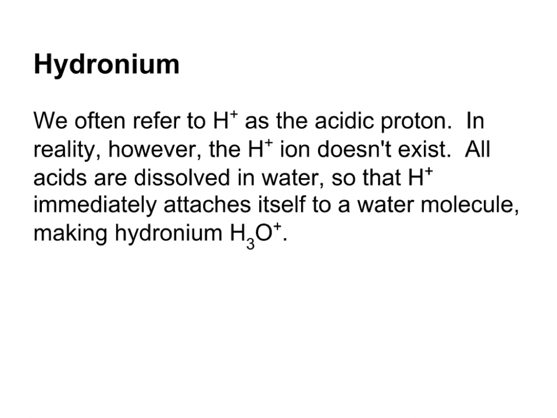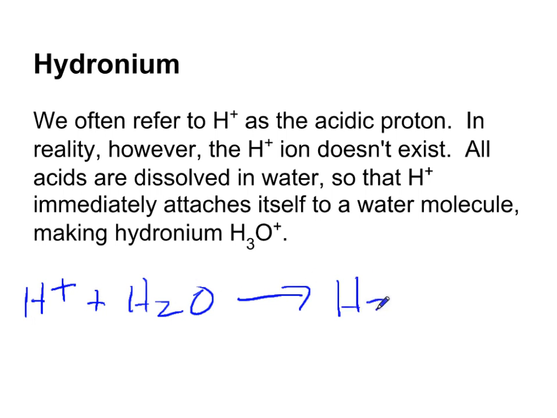All acids are dissolved in water, so that hydrogen ion immediately attaches itself to a water molecule that makes hydronium, and it's got the formula H3O+. So we've got this hydrogen ion, it's going to immediately jump onto a water molecule to create hydronium with a +1 charge.